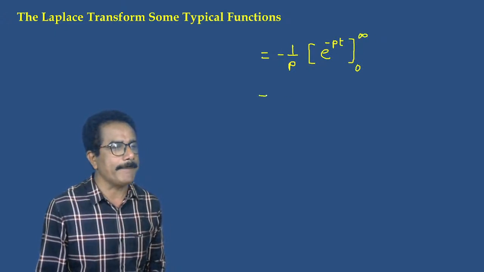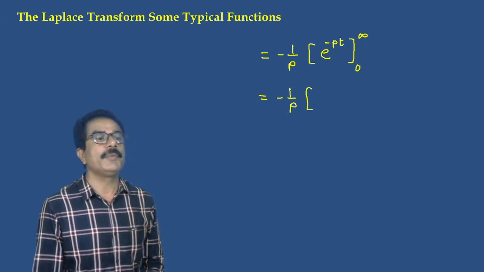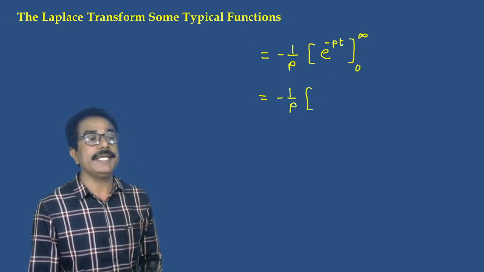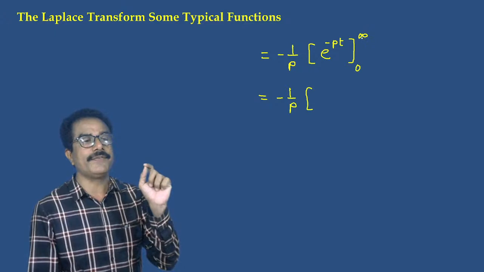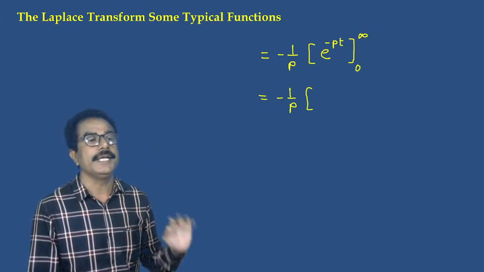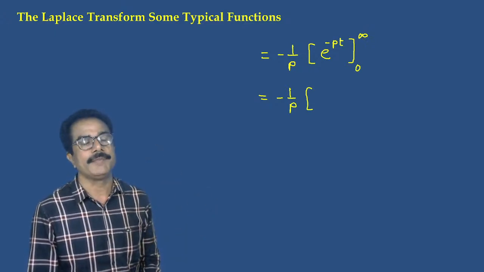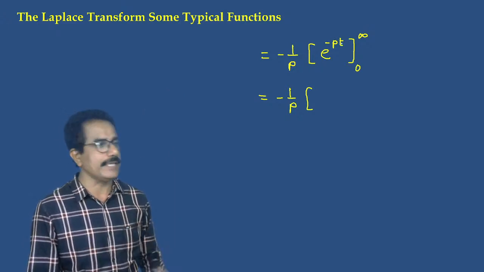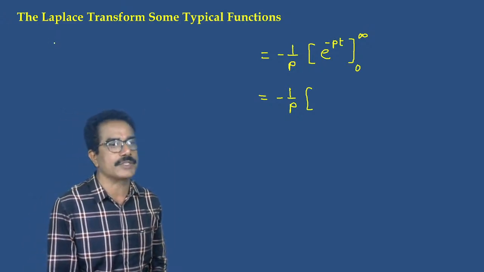If we put the upper limit, minus 1 upon p, e raised to minus pt, in place of t put infinity, e raised to minus infinity, means 1 upon e raised to infinity. Yesterday I have explained this.